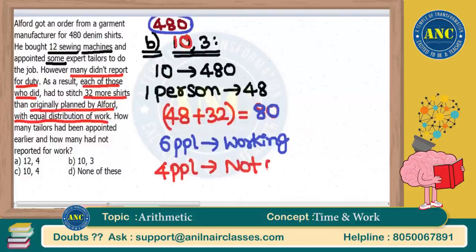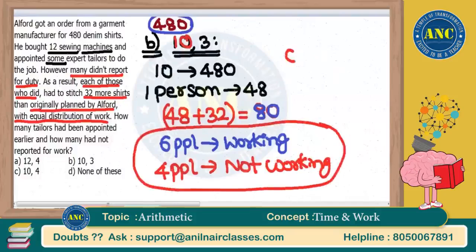That means from the second option, actually I got the answer as the third option. 6 people working, 4 people not working, which is option C. Answer is option C. A classical way of solving, sir. If you just revise from the last 15-20 minutes, from the last 4 to 5 problems, we are beautifully solving only by answer options.